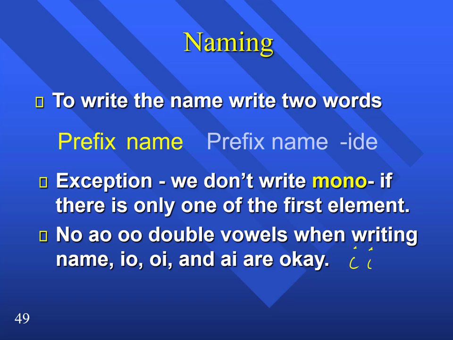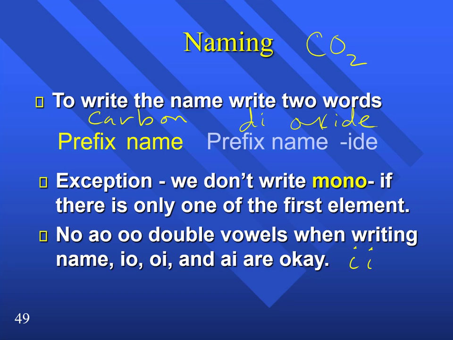To give you an example of something that follows this, what is the name of that chemical? CO2 is carbon dioxide. That's why they call it carbon dioxide, because its name is carbon two oxygens.